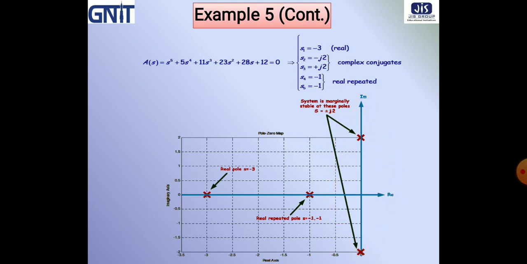So you have to keep in mind, if there is any row which comes 0, a total row of 0, then the system will be marginally stable. You have to keep in mind.